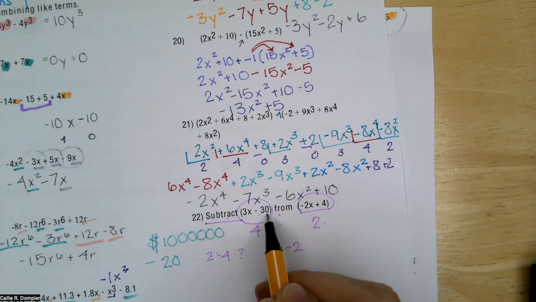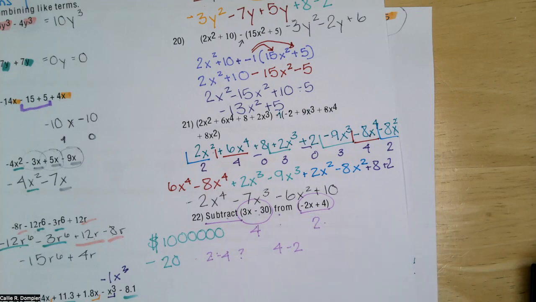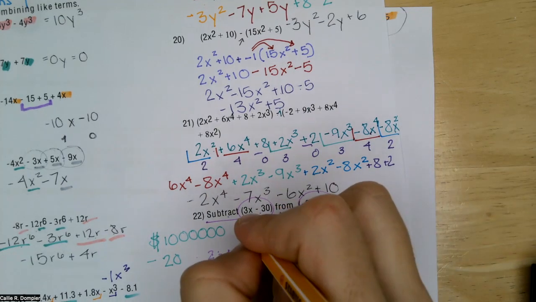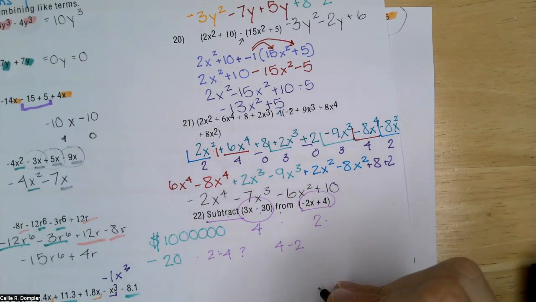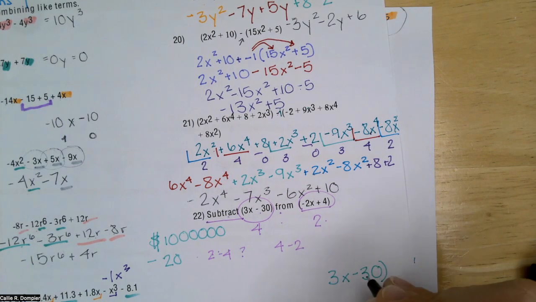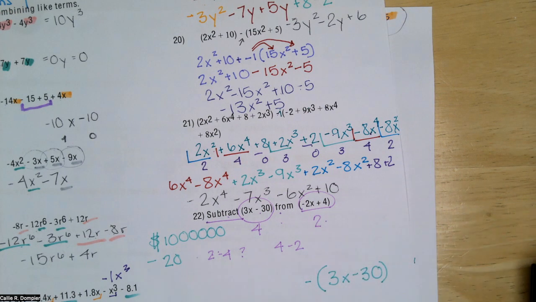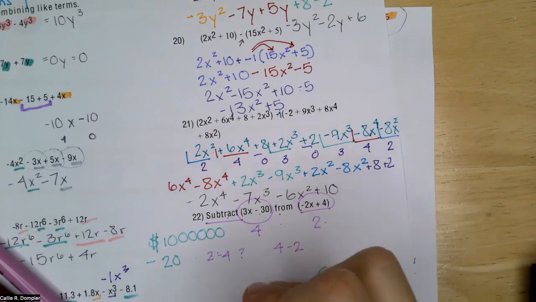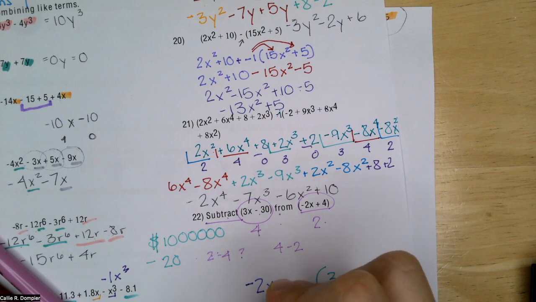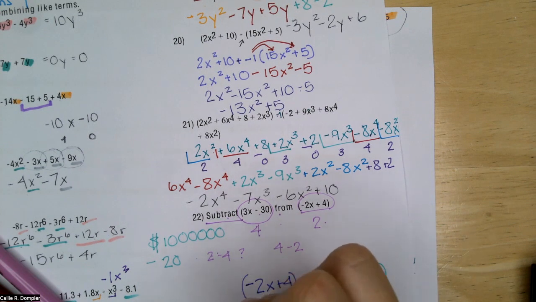So subtract 3x minus 30 from negative 2x plus 4 means this goes in the back. This is your subtract $20. 3x minus 30. It's hard because we're subtracting it from negative 2x plus 4.